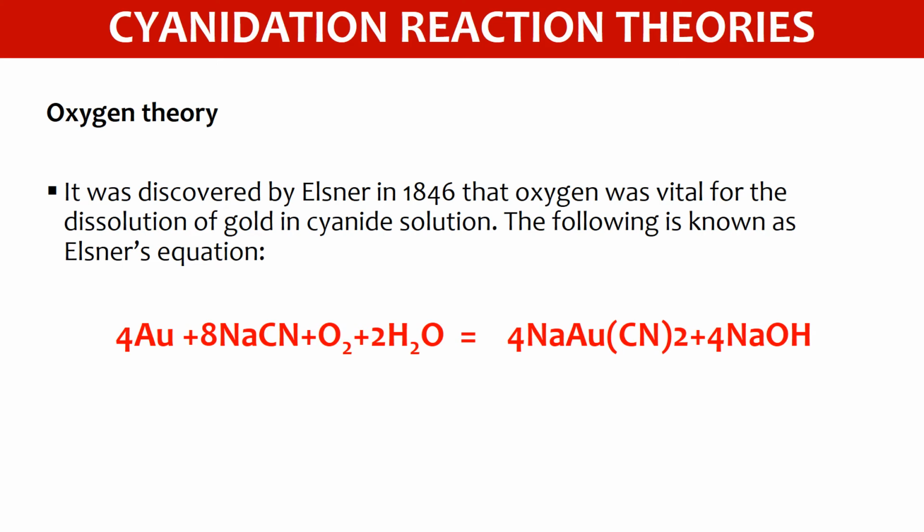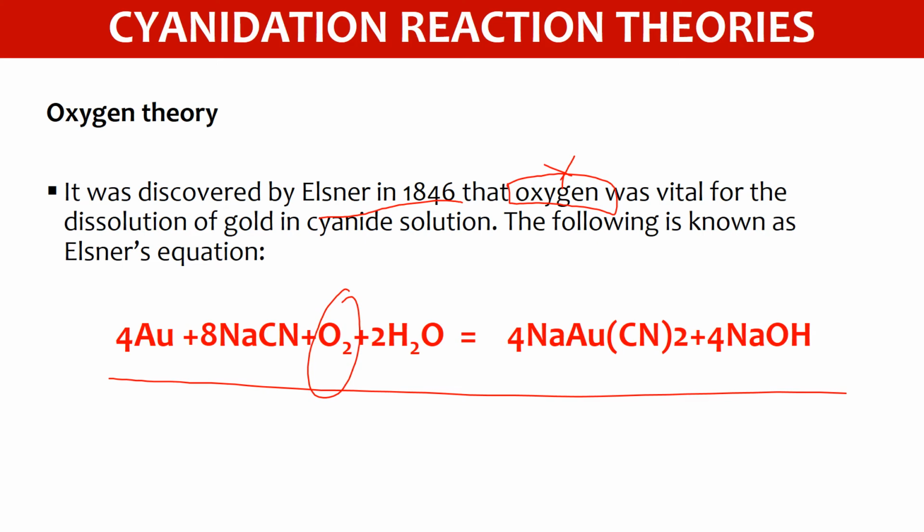Right. So the oxygen theory, which is the most popular one, was discovered by Elsner. So we call this the Elsner equation. It was discovered that oxygen was very vital for the dissolution of gold in the presence of cyanide.